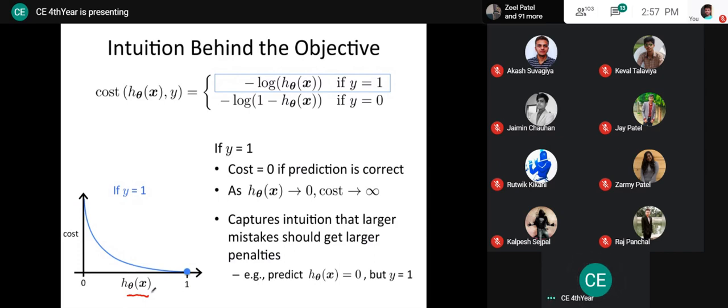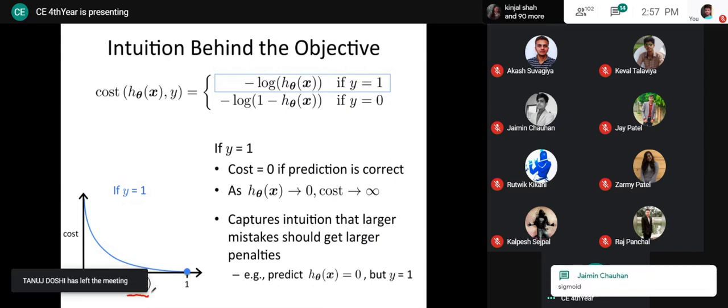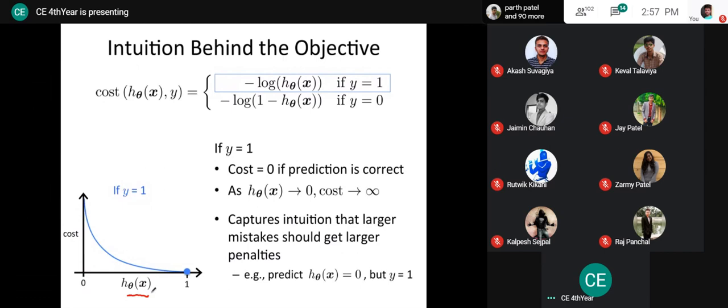Which function have we used? Sigmoid function, right? The hypothesis value is a probability value between 0 to 1. And on the y-axis we are representing the cost.